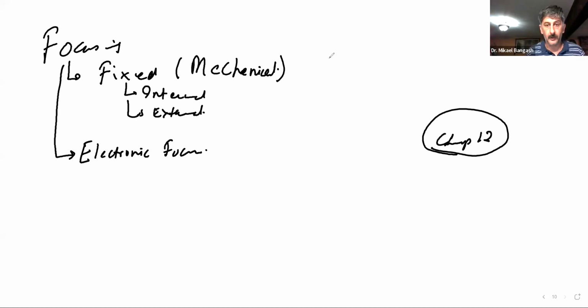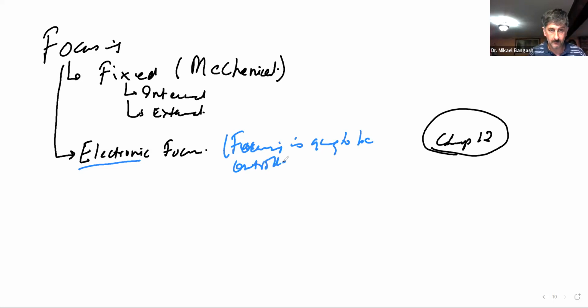And if you look at the word electronic, that mainly means that the focusing is going to be controlled by the electronics of the ultrasound system.